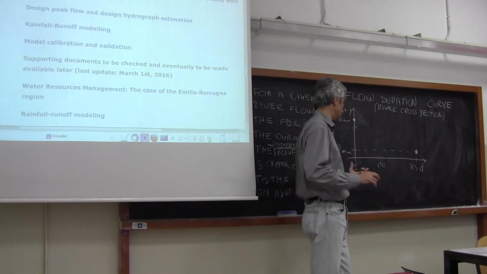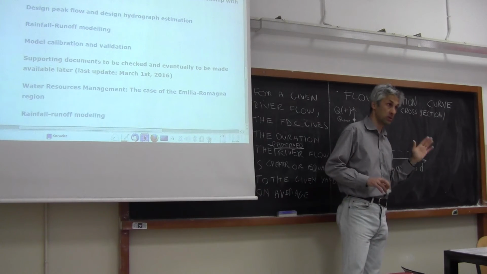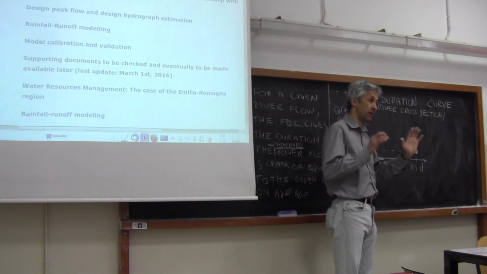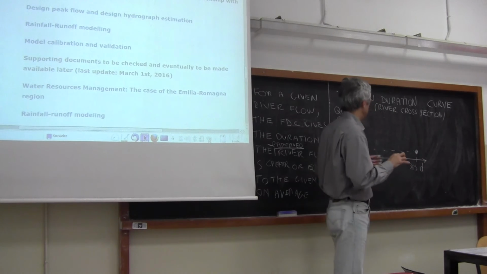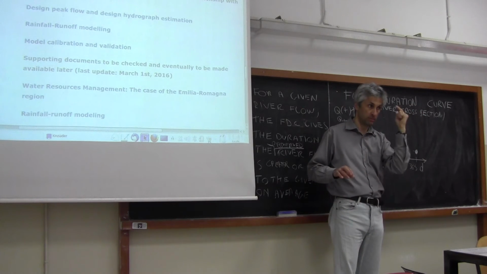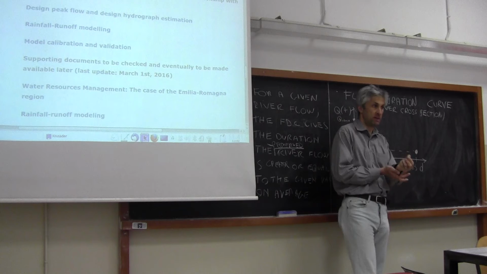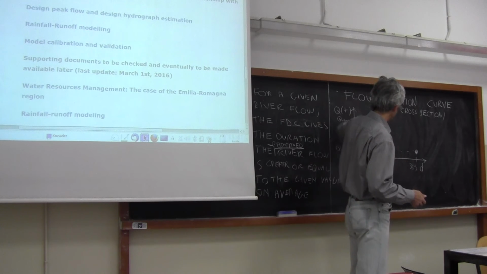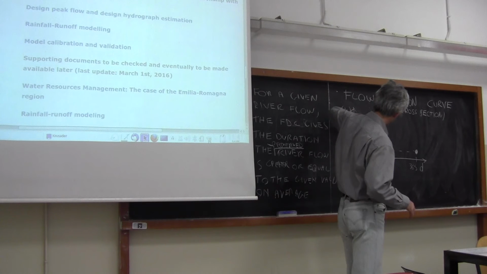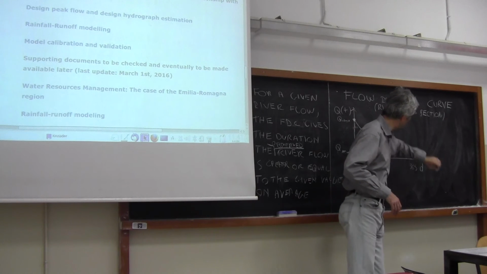And keep in mind that this is average duration. So it's number of days per year on average. It means that this is not what happens in 1 year. It should happen in many years. And then you have a decrease. From this maximum value, you have a decrease that can take place according to different behavior.